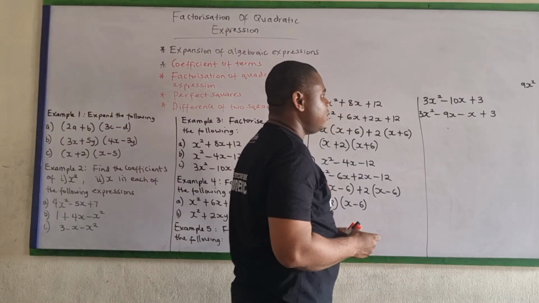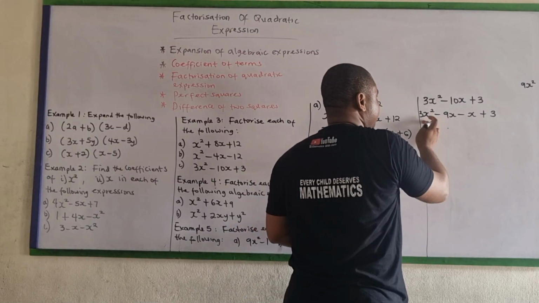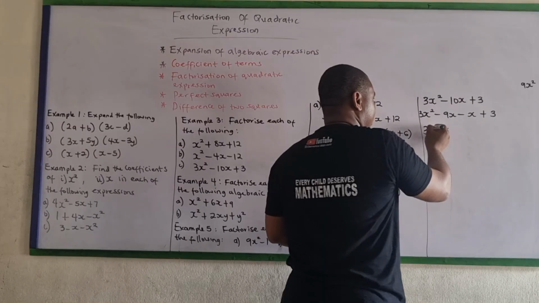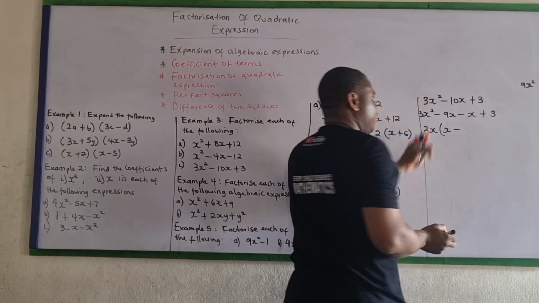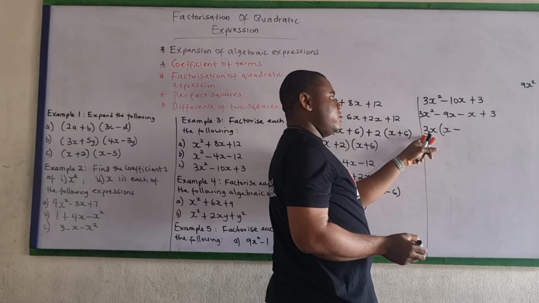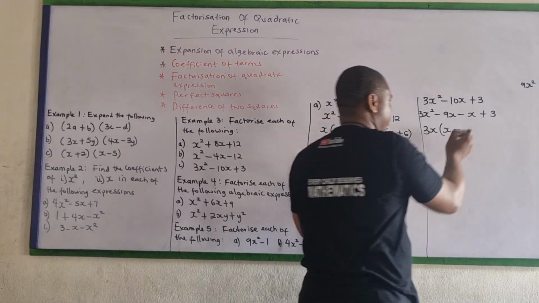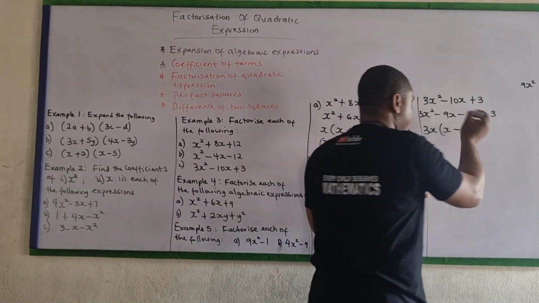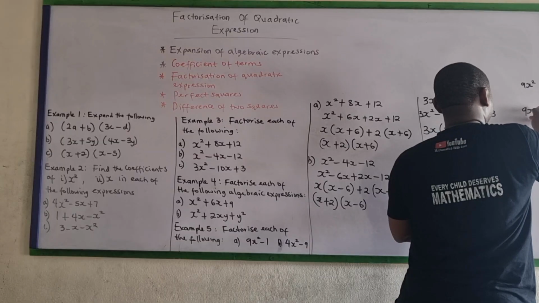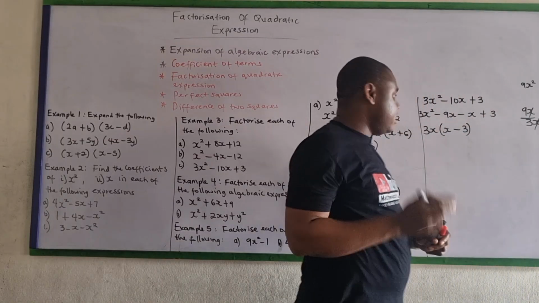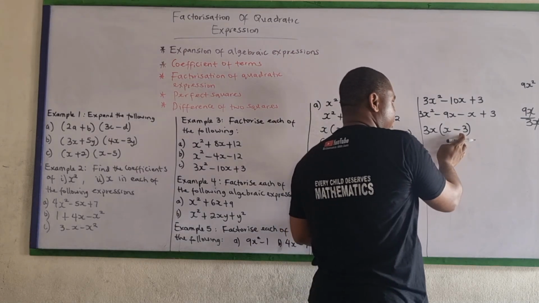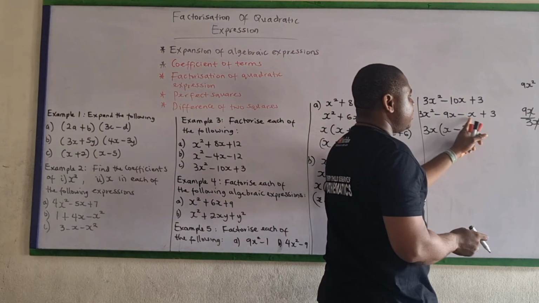Alright, so in this case, what is common between these two? 3 is common, x also is common. So I'll be left with what? x minus 3. 9x divided by 3x gives me the number 3. If you are confused, let me show you how to do that. 9x divided by 3x, x cancels x, 3 goes into 9, that is 3 times. So that's why I have the 3 here. Alright, so what is common between these two?